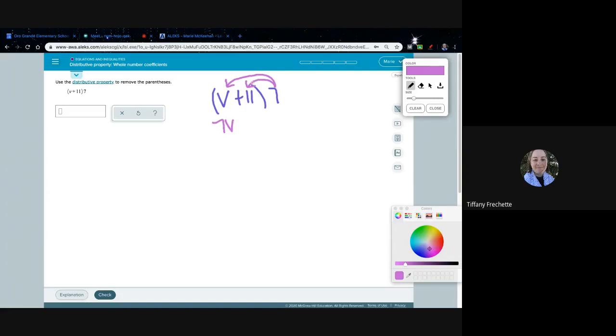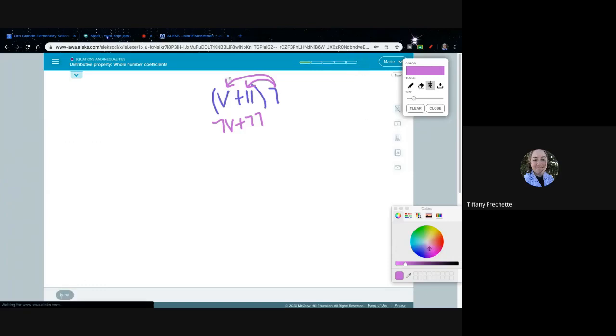And then I have 7 times 11, and there's a plus sign there, so 7 times 11, I get 77. So remember, when you distribute, to distribute it to everything in the parentheses, not just the first thing that you come to, but every piece that's separated by a plus or a minus sign. So we have 7V plus 77. Check.